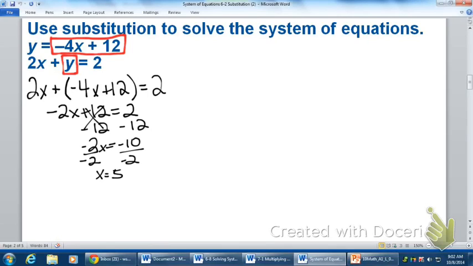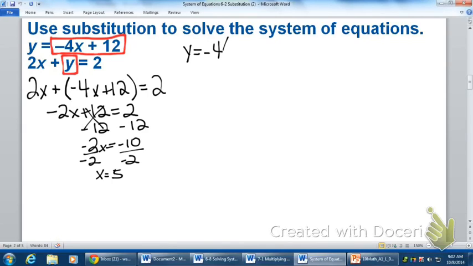So yes, you're going to plug in that value of 5 in for x. Now, here's the cool thing. You can use either one of those top equations. You will get the exact same answer. Let's just use the top one because it already is in y equals form. So I'm going to do y equals negative 4.